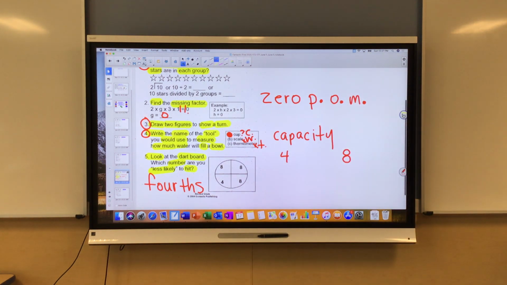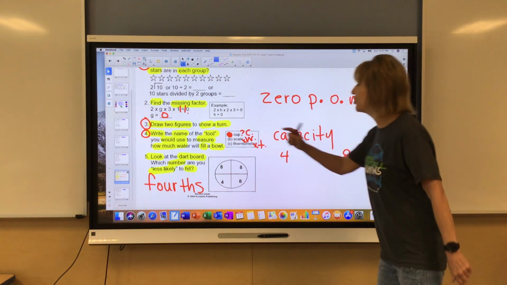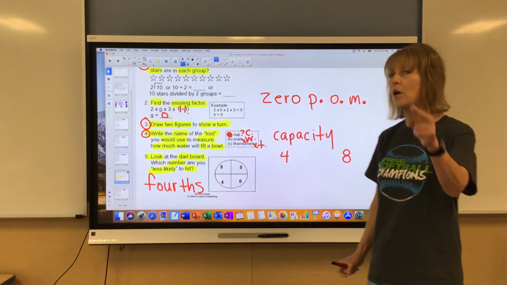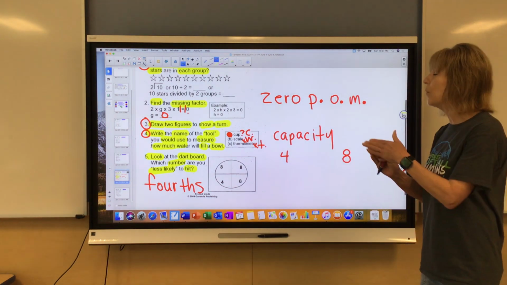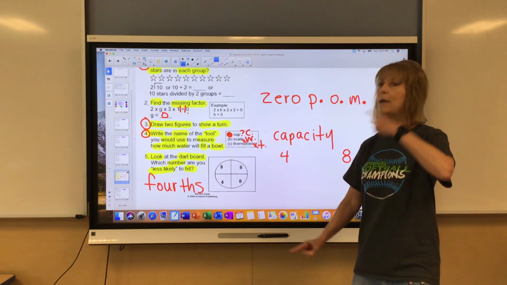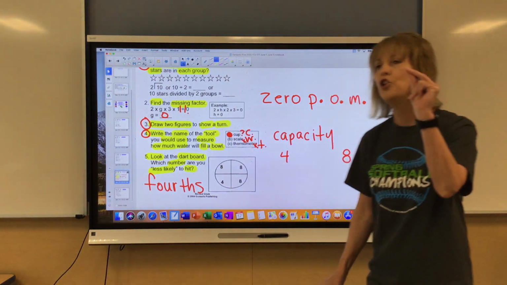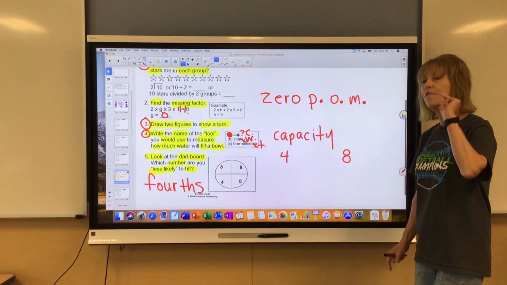You know my question. What fraction of that dartboard has the number 8? Oh, let's start with 4. Let me backtrack it. What fraction of that dartboard shows the number 4?